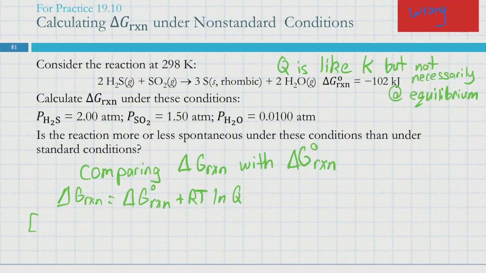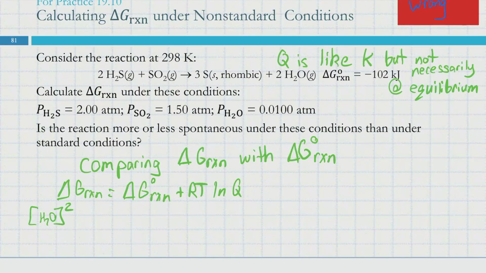So concentration, or pressure in this case, because we've got pressure, of H2O squared, because H2O has a coefficient of 2 in front of it. Sulfur here is a solid. It doesn't matter that it's rhombic. It's a solid, it gets excluded from our Q calculation.